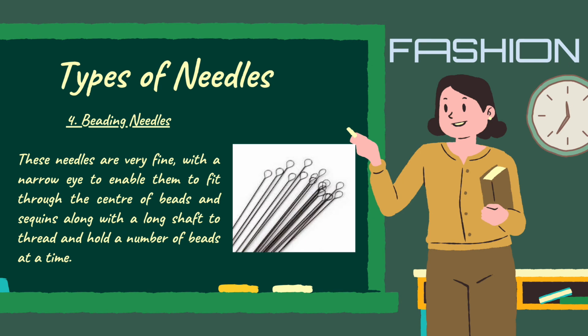Fourth is beading needles. These needles are very fine with a narrow eye to enable them to fit through the center of beads and sequins, along with a long shaft to thread and hold a number of beads at a time.